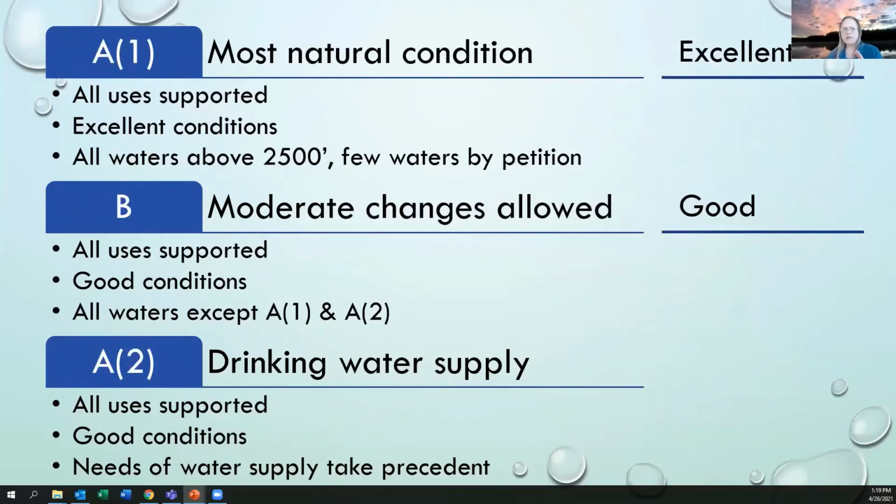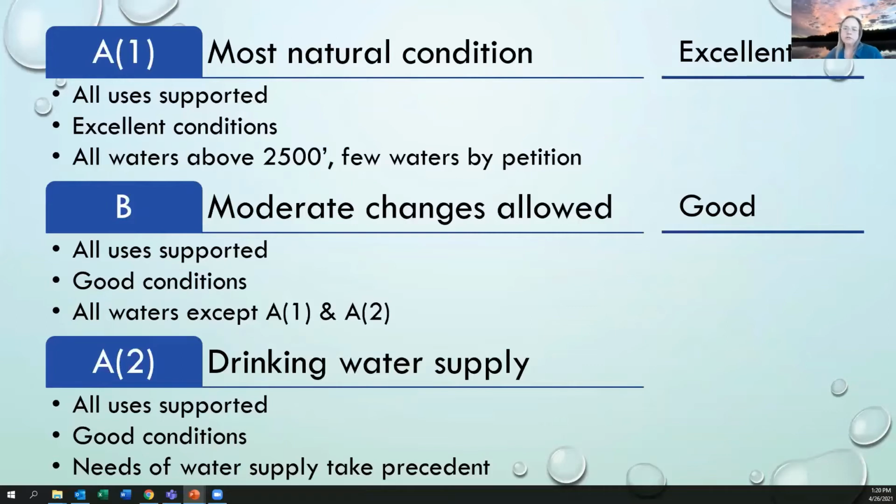And those have a whole different set of regulatory requirements. Obviously, it makes a difference that you're going to use it for public consumption. So I'm not going to include that conversation except to highlight a couple of things as we move forward with this. I'm going to focus on the A's and the B's, the A1s and the B's.